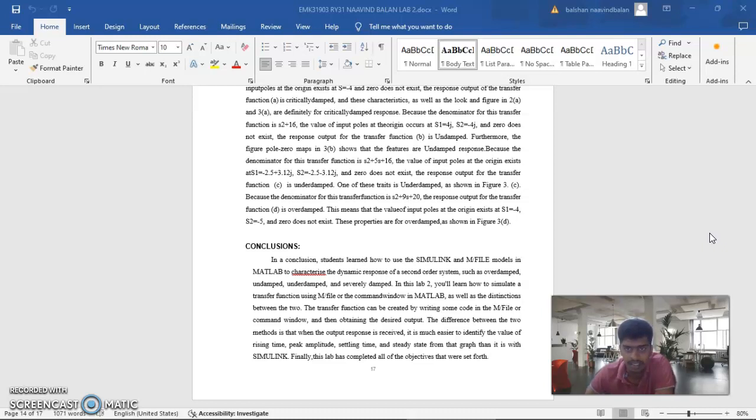The transfer functions can be created by writing some code in the M-file or command window and then obtaining the desired output. From Simulink, we can see the rise time, peak amplitude, settling time, and the steady state of the graph. Finally, the lab is completed and the objective is achieved. Thank you, Doctor.